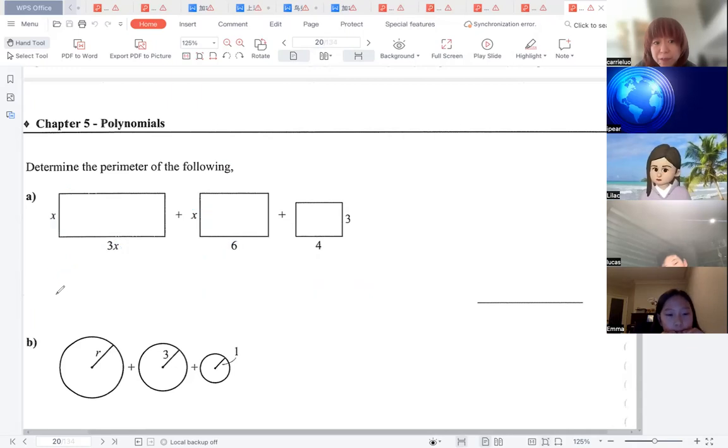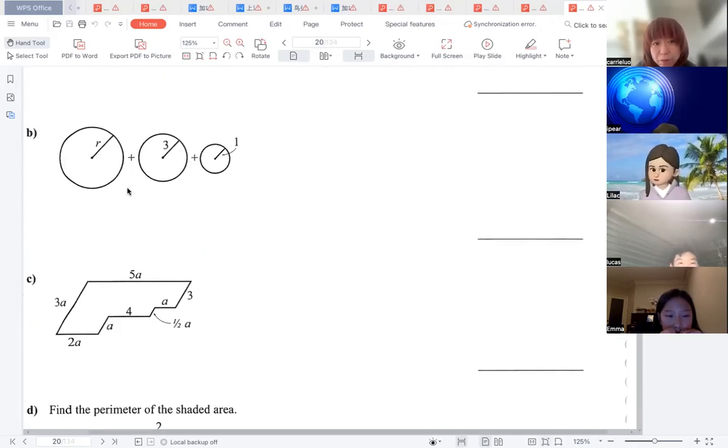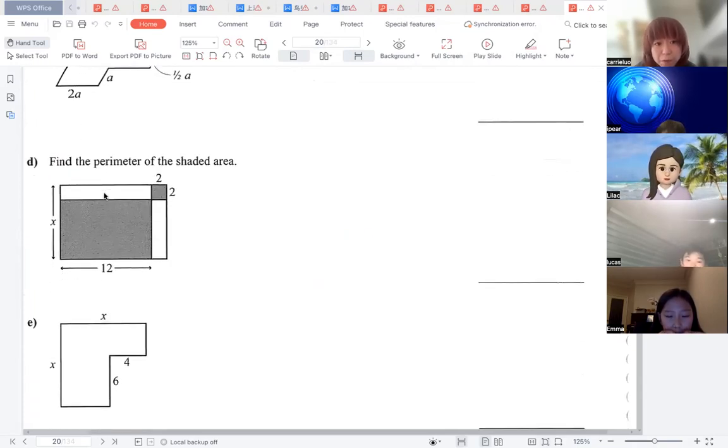Then add them together. B is the same thing. Do you still remember how to calculate the circumference of a circle, Emma? It's 2 pi r, right? So it's 2 pi r plus 2 pi 3 plus 2 pi 1. Correct? Just add them together, no problem at all.